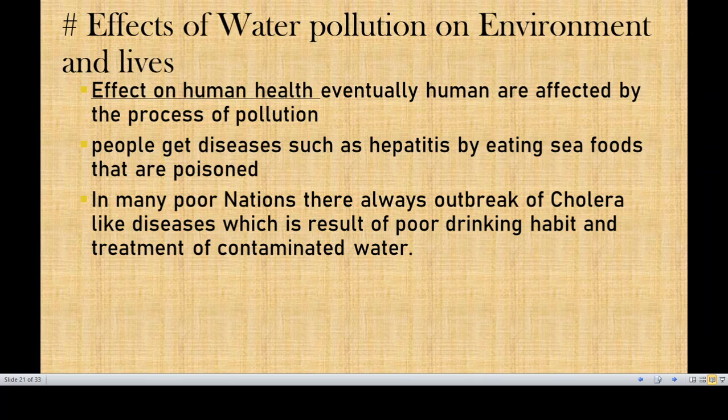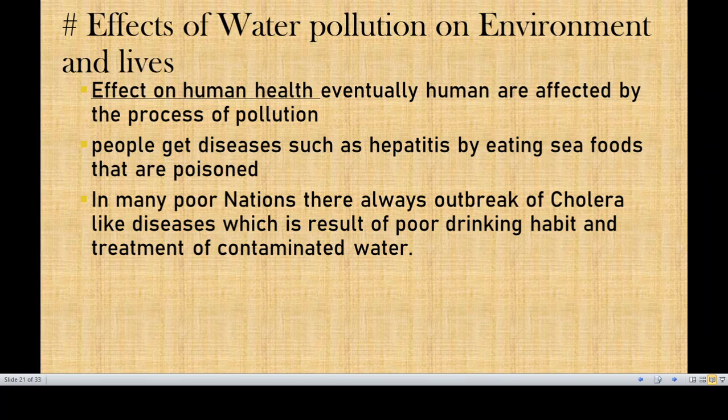Especially, if you have a local river, lake, or pond which is being polluted, you can find that people often suffer from waterborne diseases. Tuberculosis and cholera are among the diseases which India is going through, because we do not have a good quality system to control water pollution.